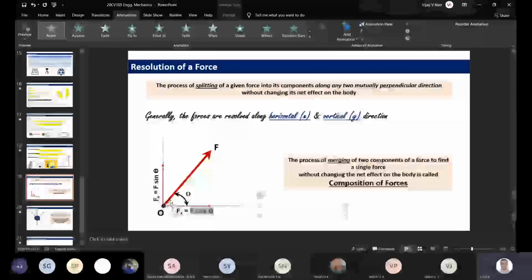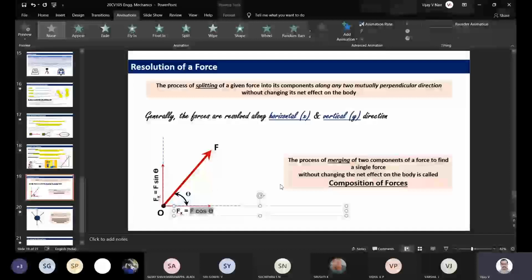Whereas along the mutually perpendicular axis, you get the value of the force as F sine theta, where theta is again the angle between the force and the adjacent component.